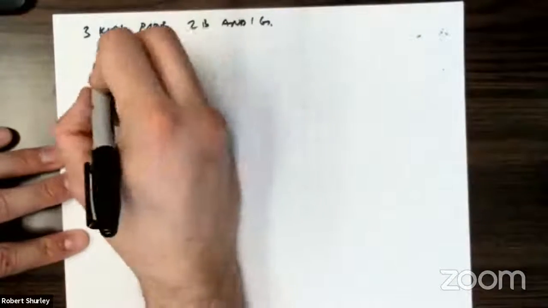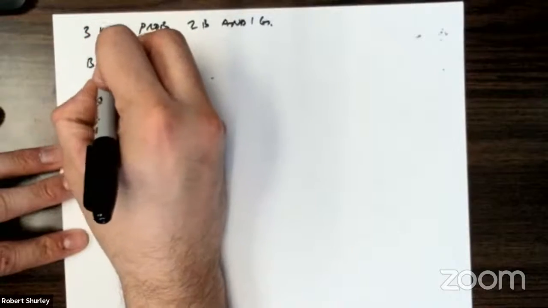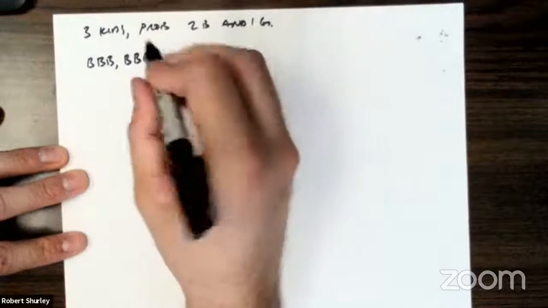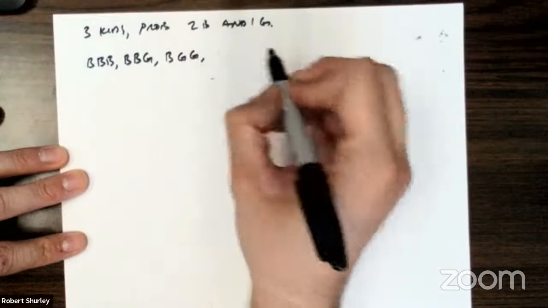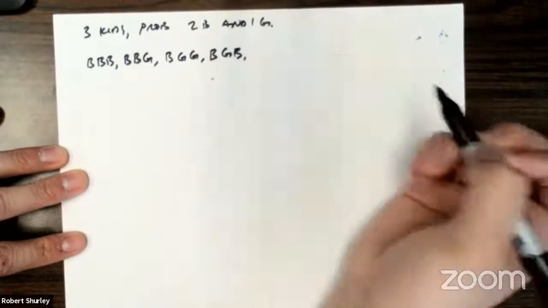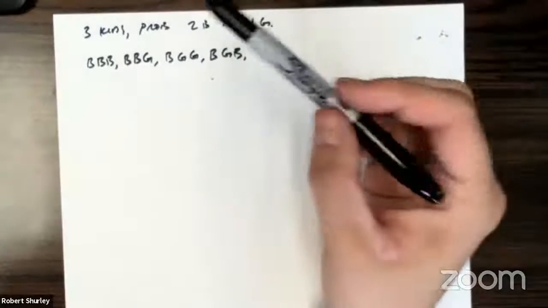Okay. So let's think all the ways we could have 3 kiddos. Well, we could have 3 boys. We could have 2 boys and a girl. We could have a boy and a girl and a girl. A boy and a girl and a boy, right? So all the ways, if your first kid was a boy.